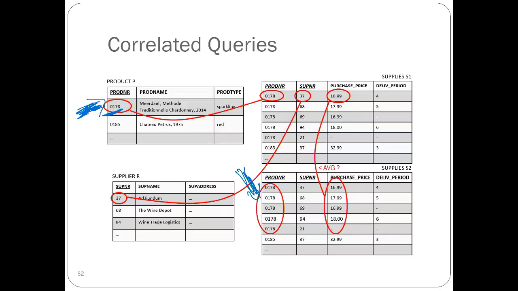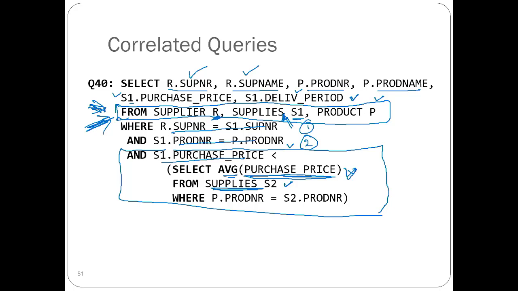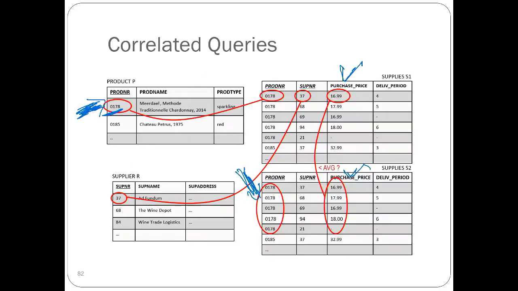And you are returning only that product whose purchase price here is less than the average price, right? So if you look at these values, other values are higher. So I'd assume that this record would be listed out. All right. So this whole query, along with this visualization, will help you out in understanding this query.